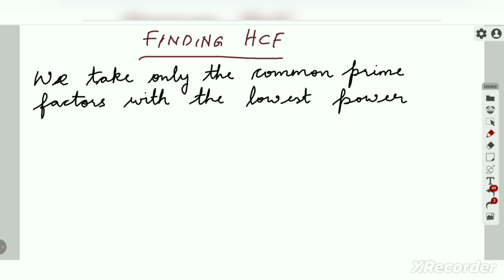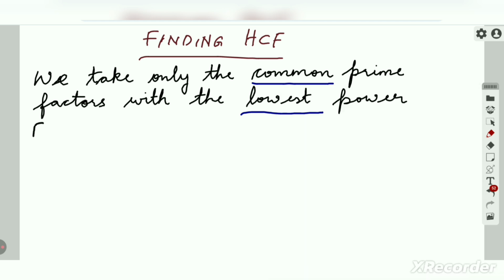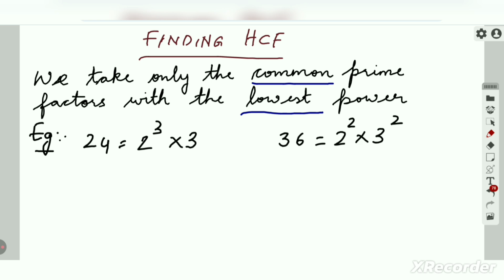How do you find out the HCF? To find out the HCF, we take only the common prime factors with the lowest power. What do you mean by common prime factors with the lowest power? Now let us take the example of those two numbers only. We have got 24 as 2 cube into 3 and 36 as 2 square into 3 square. You have to find out the common prime factors. What are the common prime factors? 2 and 3.